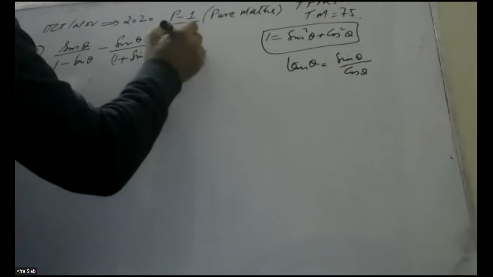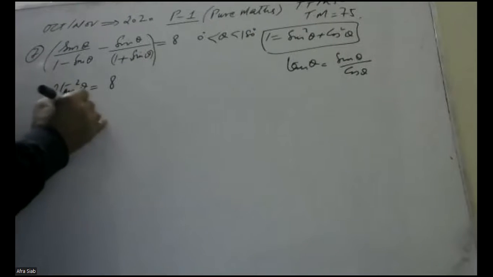So this is the part A where you have to prove this identity equal to this. Then the B part of this: hence or otherwise solve it when theta lies between 0 to 180.